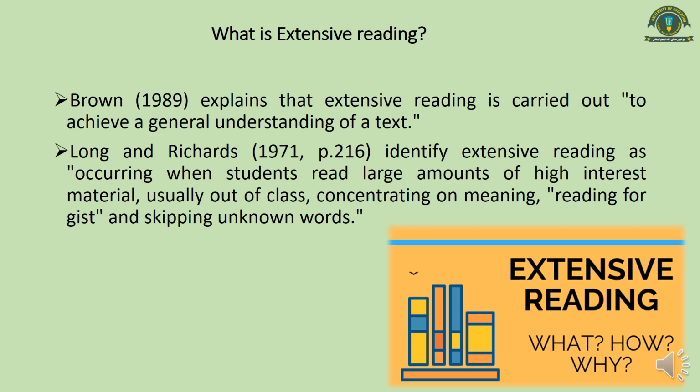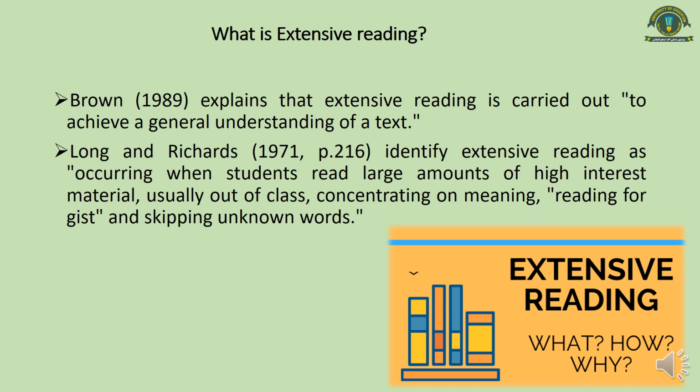First of all, we should know what extensive reading is. Brown explains that extensive reading is carried out to achieve a general understanding of the text. So just like we had global listening in the listening section, that we get the main theme, we get the main gist of something.